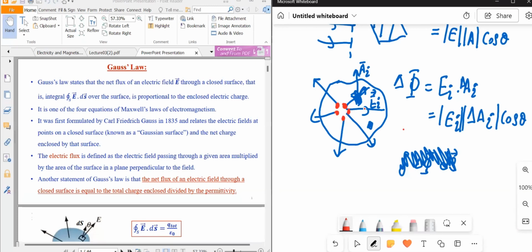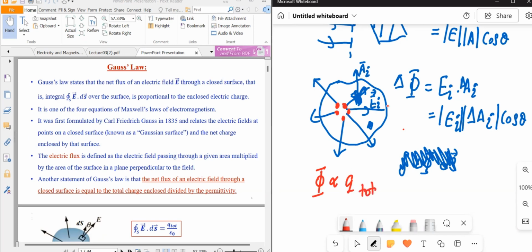So what can we say about the flux? It's going to be proportional to the number of charges enclosed by the closed surface that we consider.